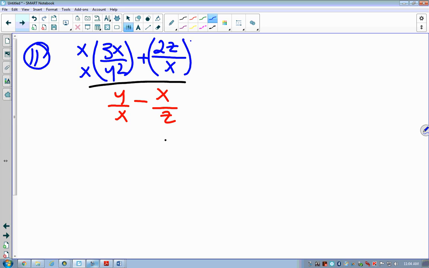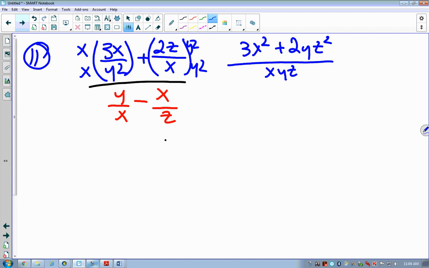This is going to be times yz over yz. Okay. All right, I'm going to go ahead and bring some of that. That's going to give me 3x squared plus 2yz squared all over xyz. Is that correct? Take a look at it. Make sure that makes sense.